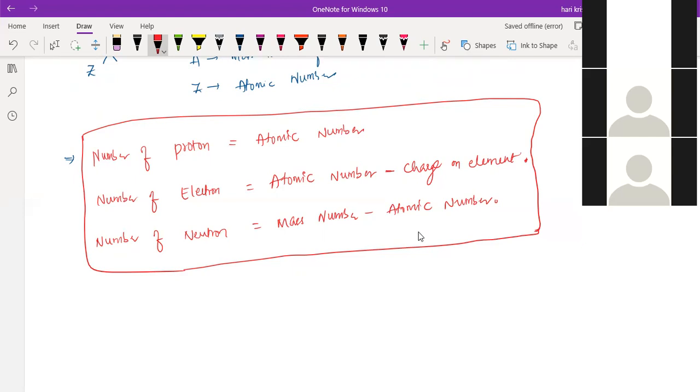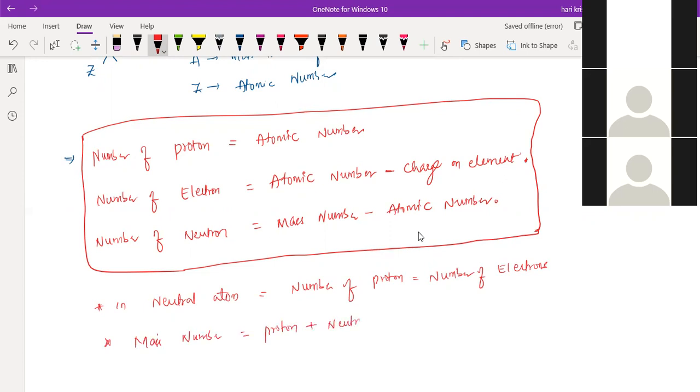Any other doubts? In a neutral atom, the number of protons is equal to the number of electrons, and the mass number is always equal to protons plus neutrons only.